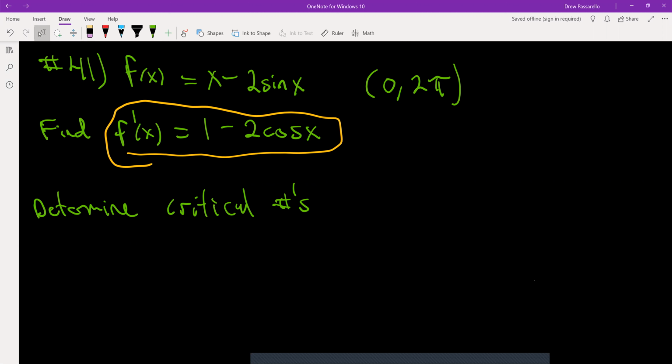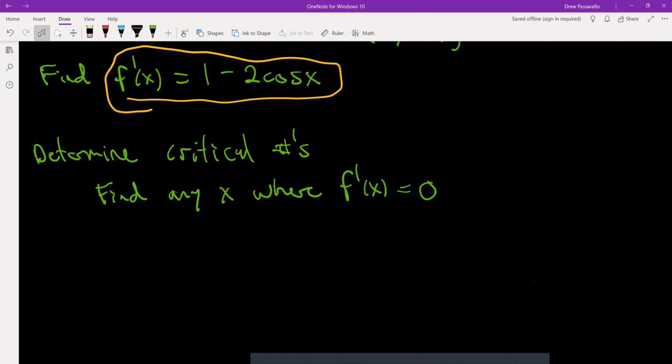Cosine is continuous and its derivative exists everywhere, so there's no value x for which cosine does not exist. So we only need to focus on values for which its derivative is 0. So find any x where f prime of x is 0.